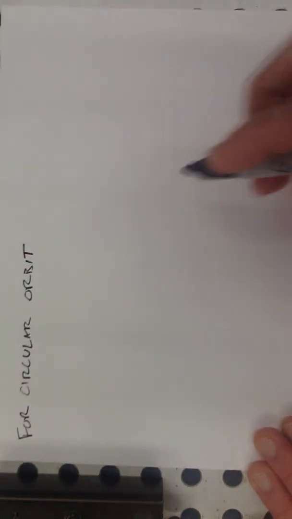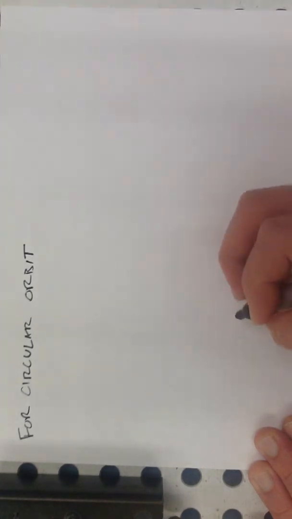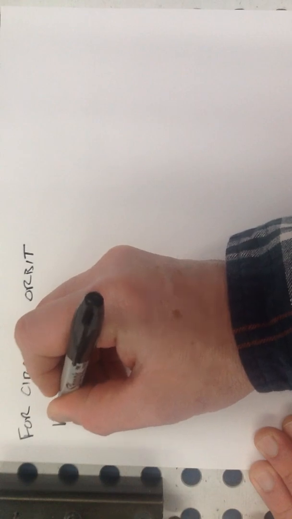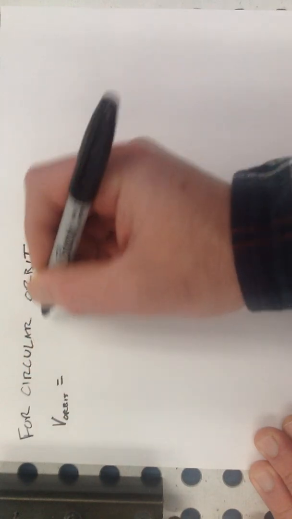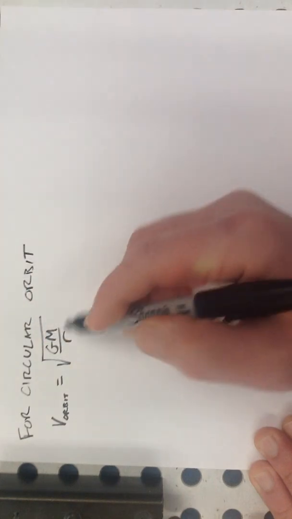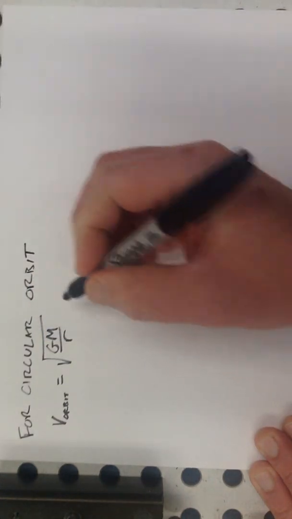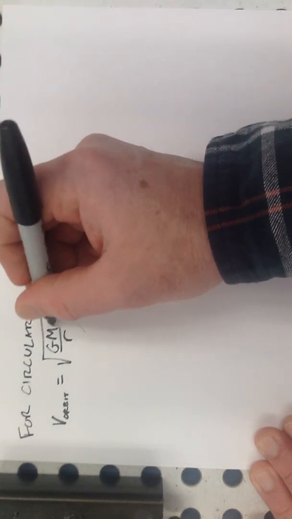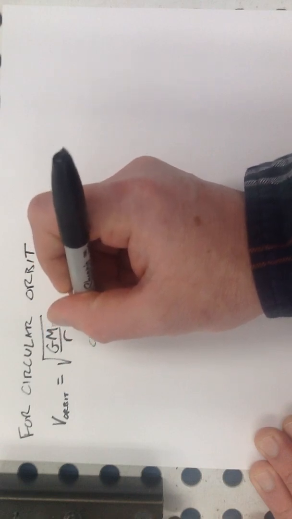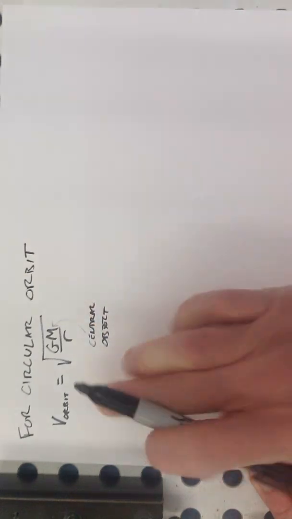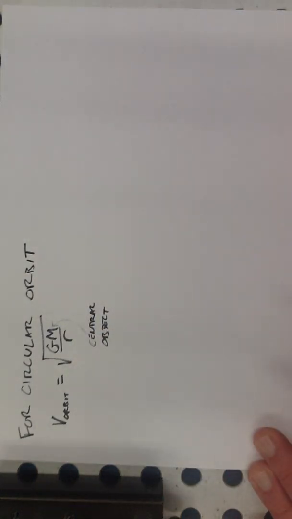For a circular orbit, we know that the velocity is equal to the square root of GM over r, where M is the central object, the thing that's being orbited. If you don't remember where that comes from, you could look back at your notes.